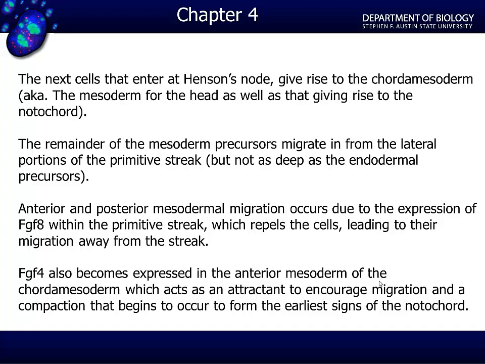So, just in review, FGF8 from the primitive streak causes the mesodermal cells, these migrating mesenchymal cells, to leave the epiblast layer and migrate between the epiblast and the hypoblast. Then FGF4 expressing mesenchymal cells are going to move toward the anterior portion and recruit other cells into the anterior to form chorda mesoderm. So even though when you look at a scanning electron micrograph, mesenchymal cells look the same, at the molecular level they're already beginning to distinguish themselves one from another.